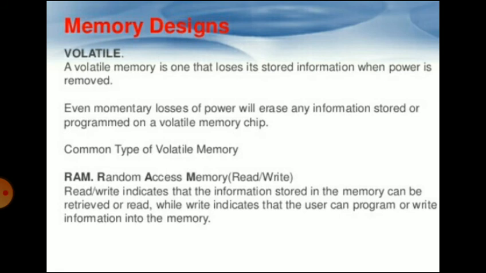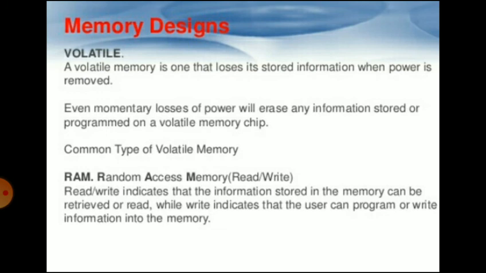Even momentary losses of power will erase any information or program stored on a volatile memory chip. It will lose its stored information if power is disrupted and can be easily altered, whereas non-volatile memory provides the ability to retain the information if the power is disrupted.